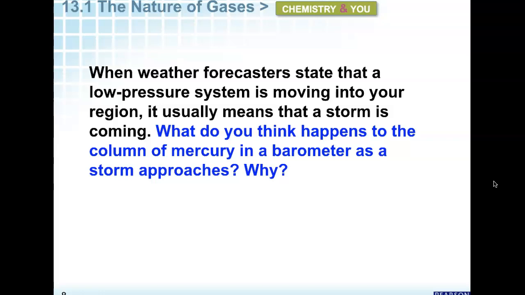Those gas water particles come together, and so now you've got a lower pressure state. And when a low pressure meets a high, that's when you get all kinds of trouble. If you're looking at a low pressure system, the column of mercury is going to fall. So when the pressure is falling, we know that we're going to have some kind of weather event that's not happy.